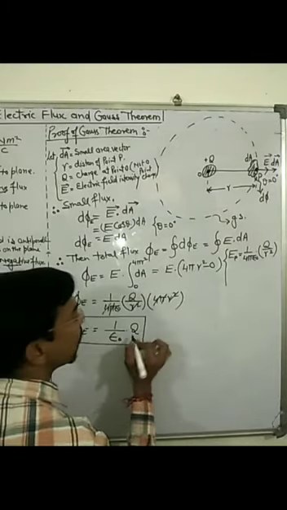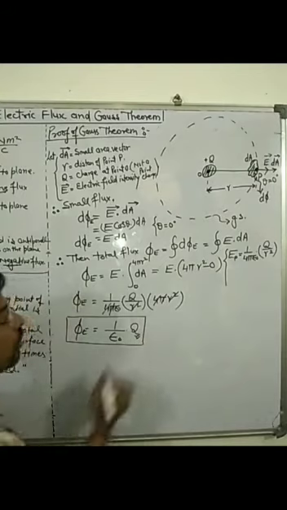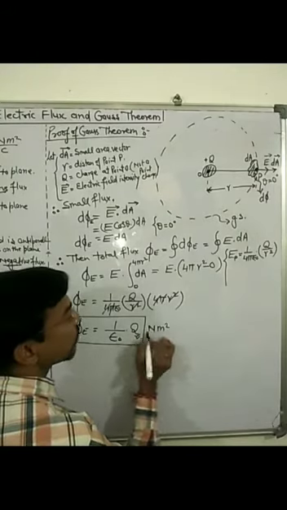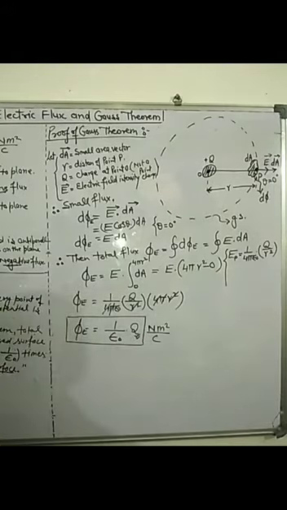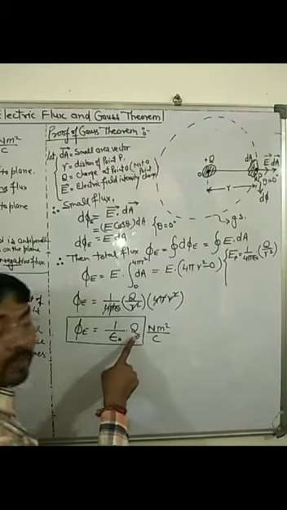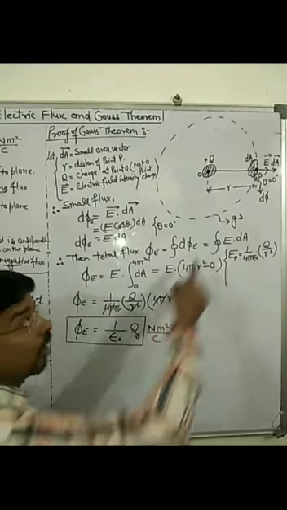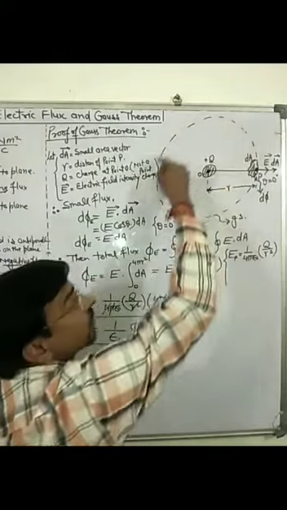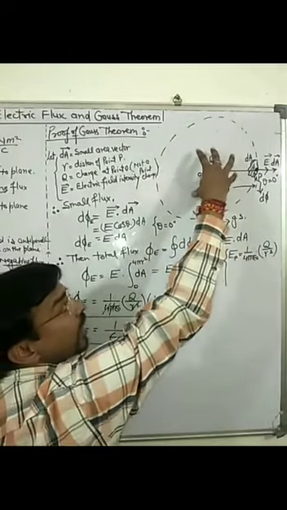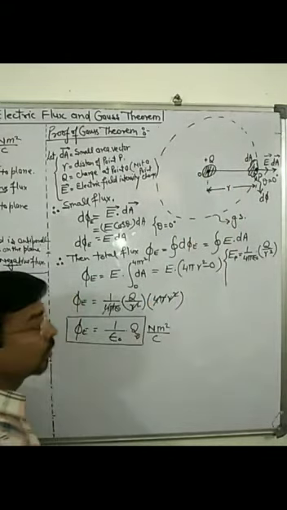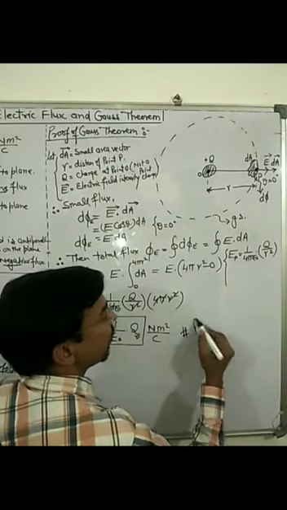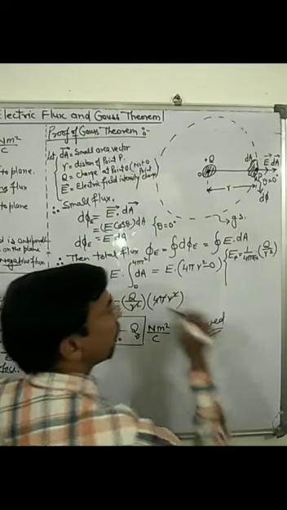Why am I saying total charge? Total charge capital Q; Newton meter square per coulomb is the unit of the flux. And I am telling you why I am saying total charge: because inside of the Gaussian surface it is the total charge enclosed. Okay, so it is a proof, hence proved. It is a proof of the Gauss theorem.